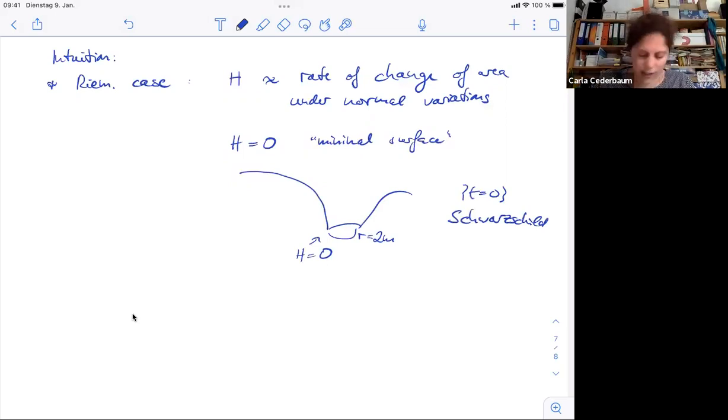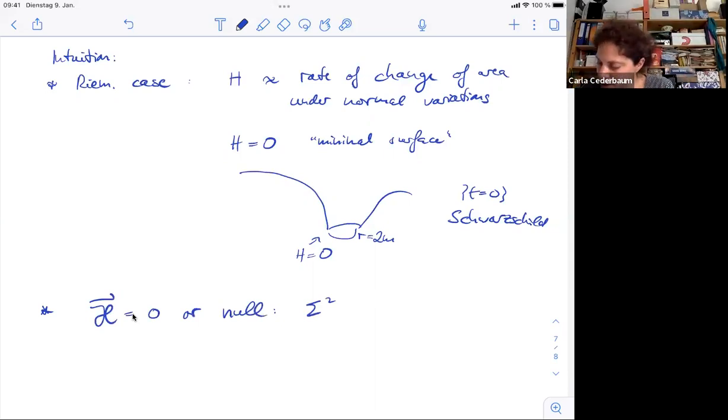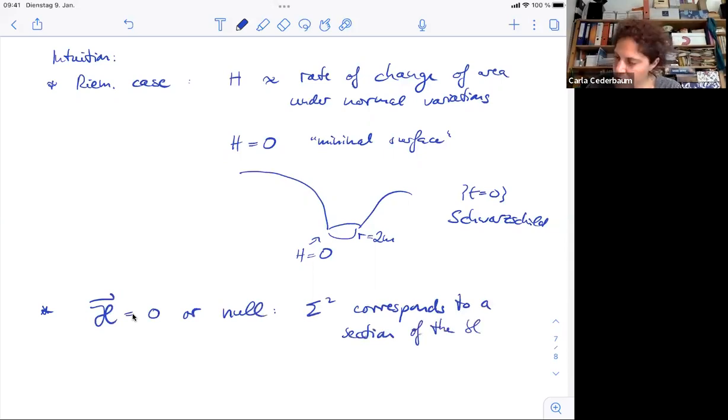Also in the codimension 2 case, if H is 0, or actually if it's null, then this 2-surface, of which the H is null inside the ambient spacetime, corresponds to a section of a black hole horizon.